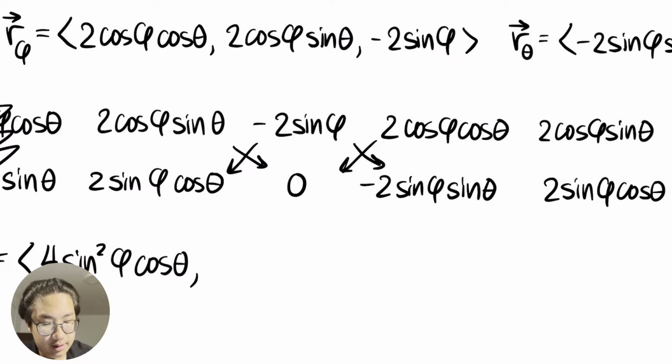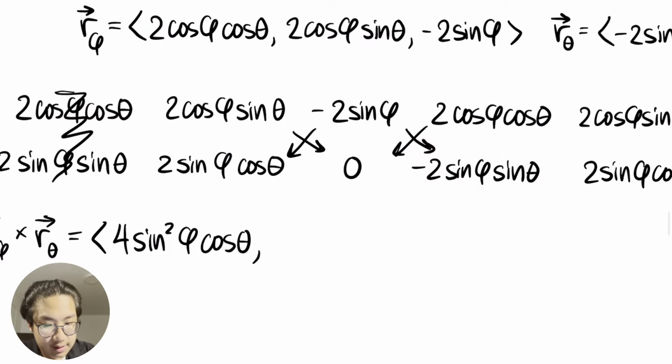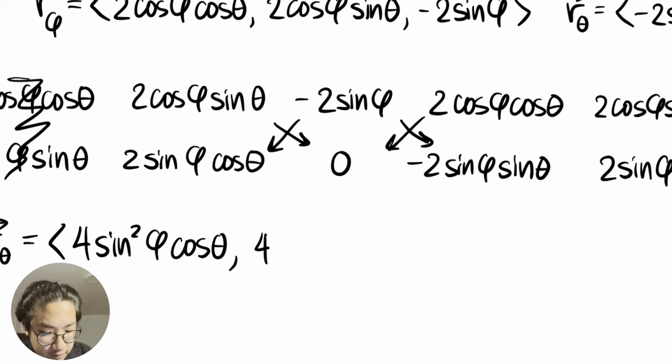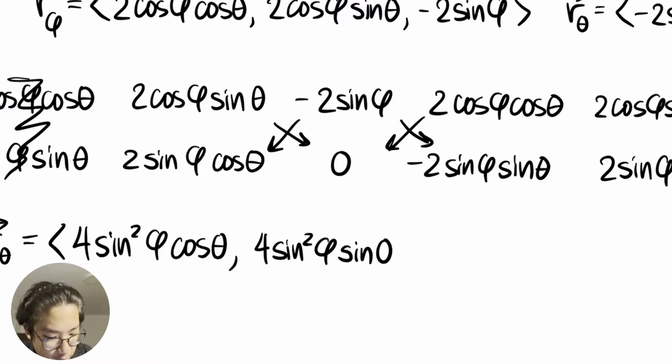Next, we repeat with just these two instead. The two negatives will cancel out. So we have 4 and then sine squared phi sine theta. Normally here we would subtract, but again we're multiplying by 0 here, so it just goes to nothing.